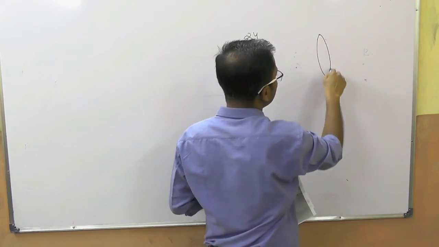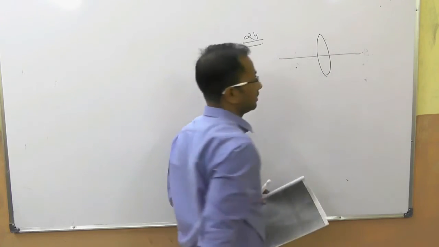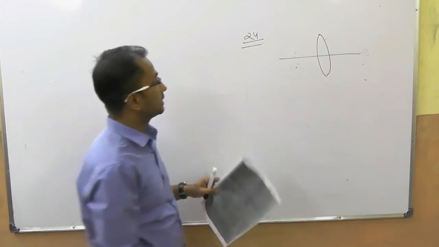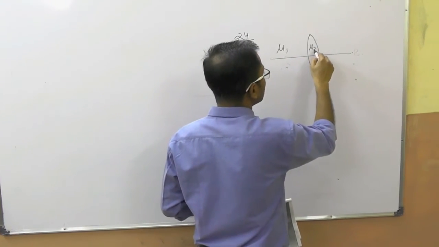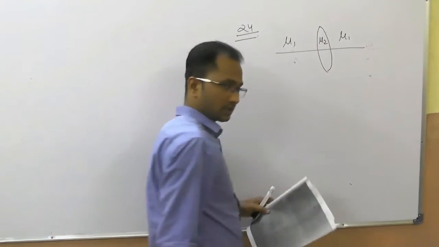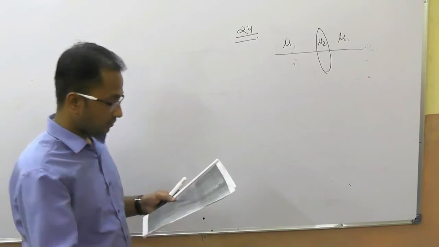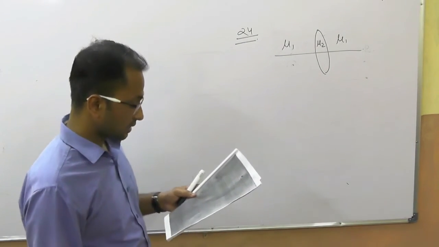Suppose I am considering a convex lens. Suppose the refractive index here is mu1, the refractive index of the lens is mu2, and the refractive index on the other side of the lens is also mu1.